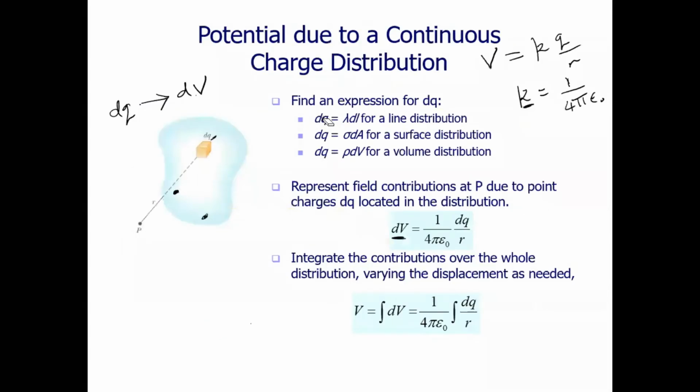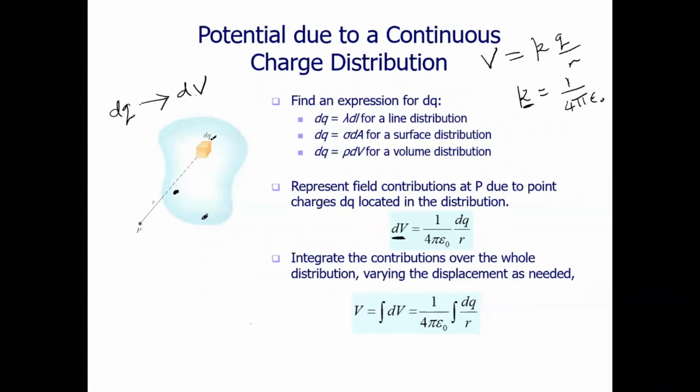So what we had said was that if you have a continuous charge distribution, you assume that this continuous charge distribution is made up of an infinite number of small elements. Each of those elements could be considered to be a point charge with a charge of dq.